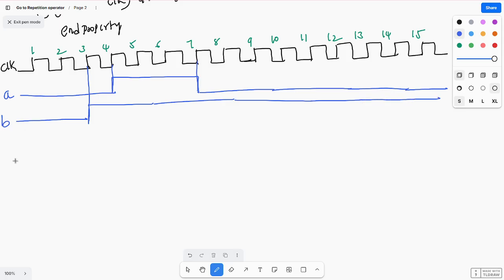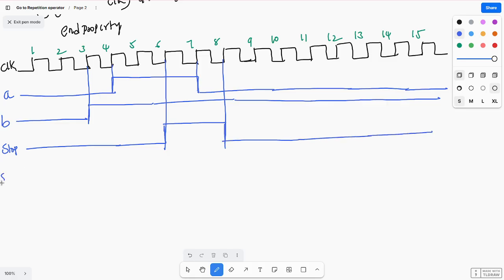And for B, let us take stop also. Stop will be 1 at the sixth cycle, and it becomes 0 at the eighth cycle. Again it will go to 0.